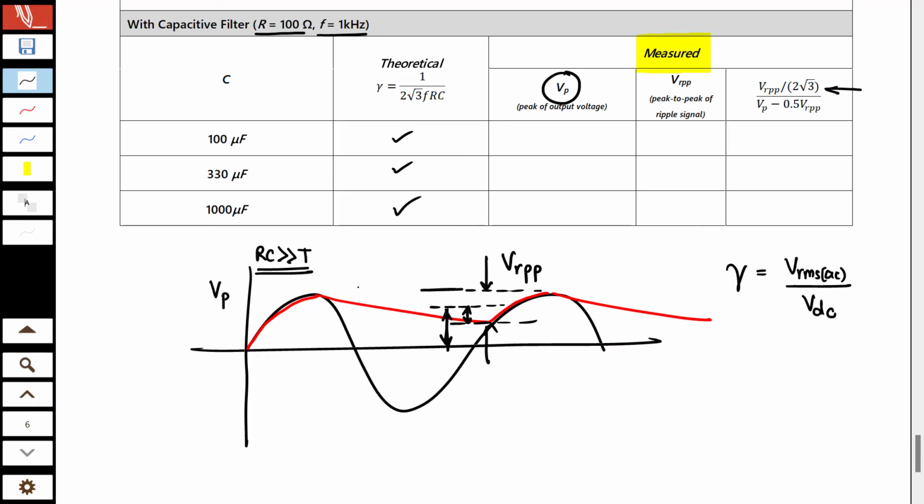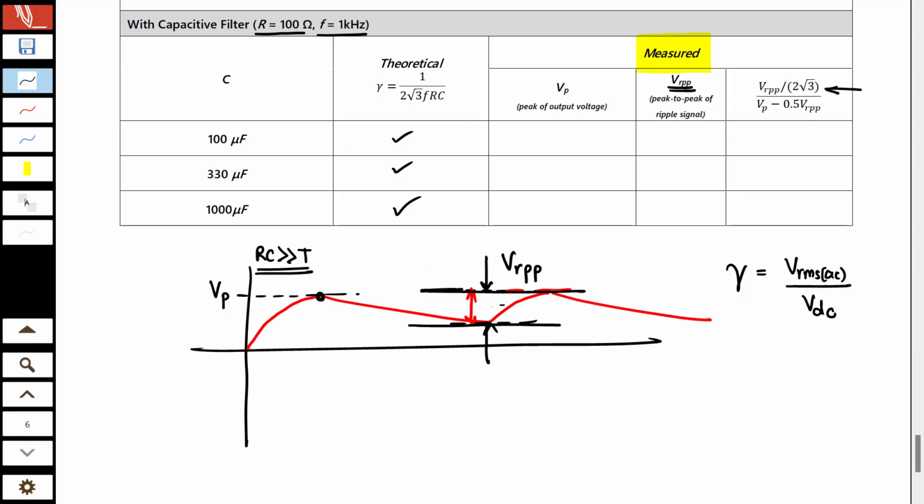Forget about the input waveform. You measure the peak voltage that you see for the ripple. Then you also measure VRPP, this voltage. Put your cursors here and here, and this value should give you VRPP. And put your cursor at the top of the waveform, and that should give you Vp.